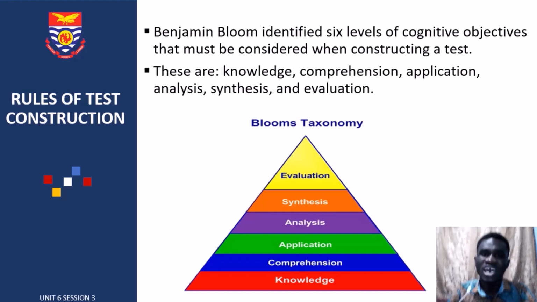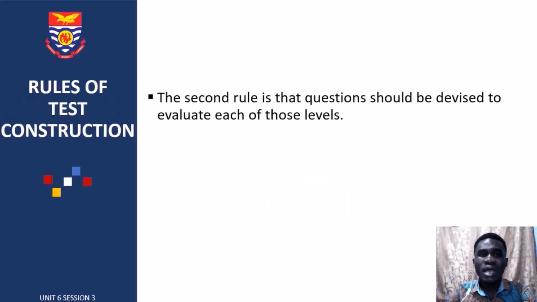Anytime a teacher is constructing a test in the cognitive area, your test must take into consideration all these 6 levels as given by Benjamin Bloom. The second rule is that questions should be devised to evaluate each of those levels.